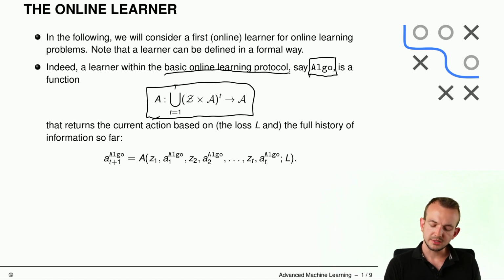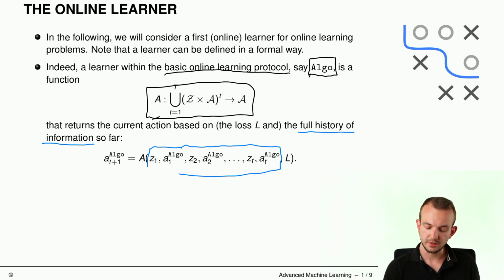And how this action is used can be seen here. Imagine we are in time step t+1, and then we simply plug in everything we have seen so far, so the full history of information: the very first environmental data point, also the first action we took, then the second one, and so on, till we arrive at the most recent pair of environmental data point and action.